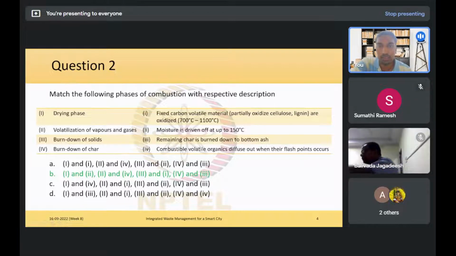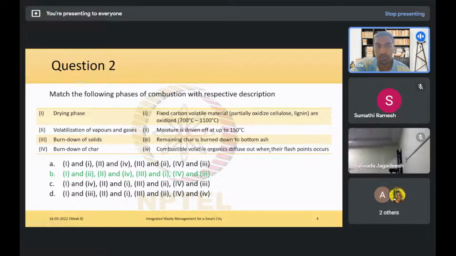Once the moisture leaves and we further heat this waste to higher temperatures, whatever volatile organics are present and combustible will be leaving the waste once their flash point occurs. So flash point is the lowest temperature at which the volatiles will leave from the waste, right?